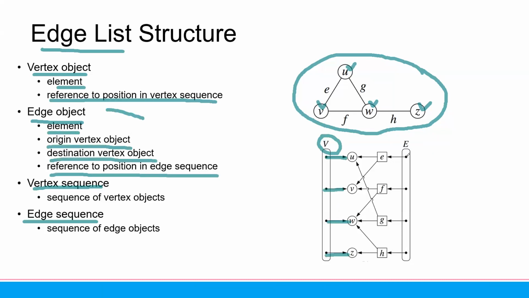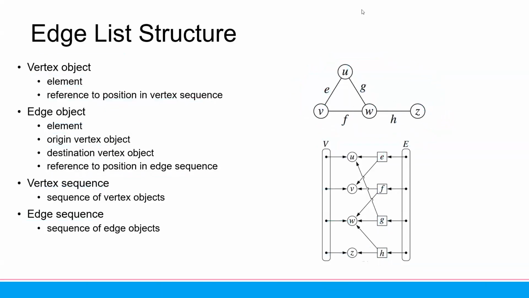So for example, I have an edge. This one I have E, F, G, H. If it is an E, then it will connect to U and P. So E has the connection with U and P. What about G?